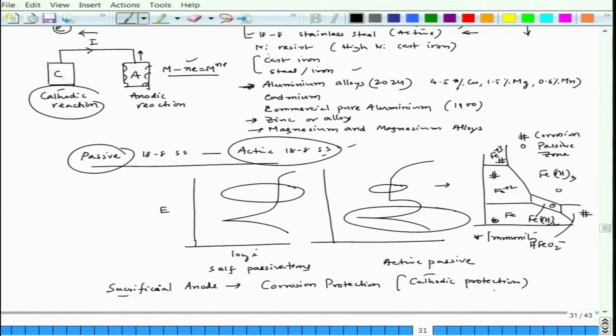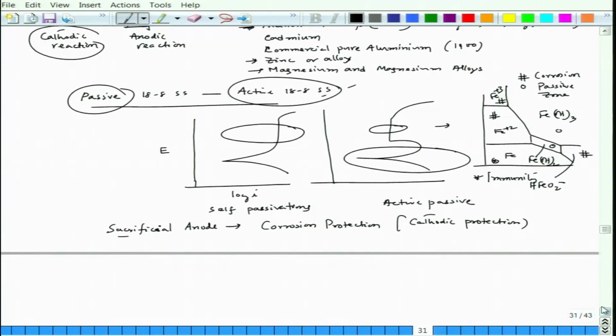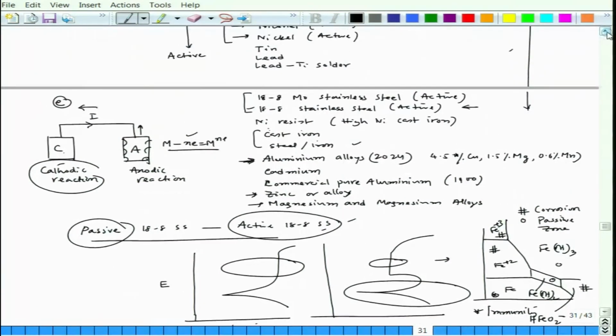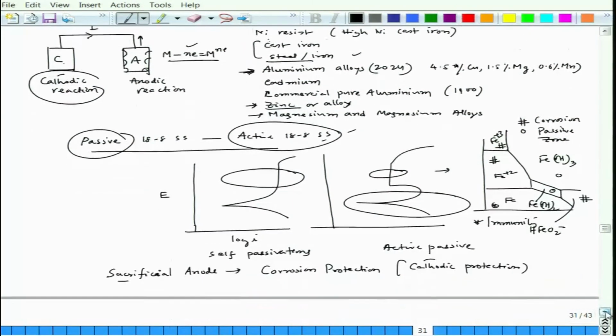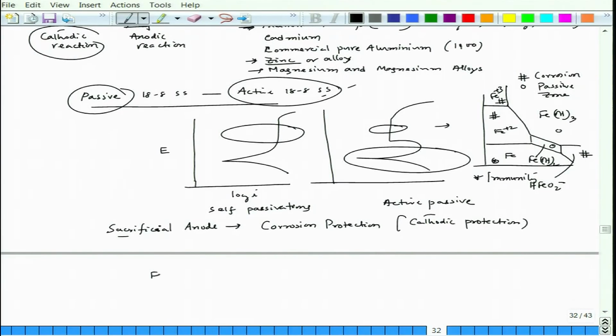What does it mean? For example, if you look at the position of zinc and steel, they are in between, and a lot of alloys are coming. Now, if you have a contact between iron and zinc, zinc will act as anode and iron will act as cathode, and iron would be protected.